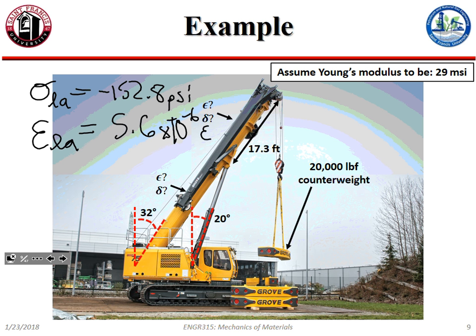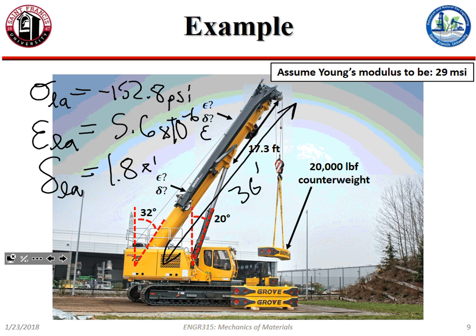And then if the arm's 36 feet long, this should be the straightforward part. What's the deformation in the lower part of the arm? Yep. 1.8 times 10 to the negative 4 feet. And how did you get that number?